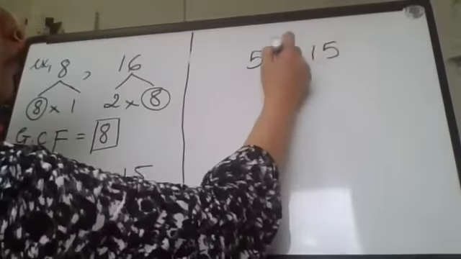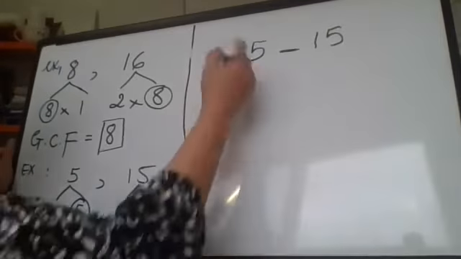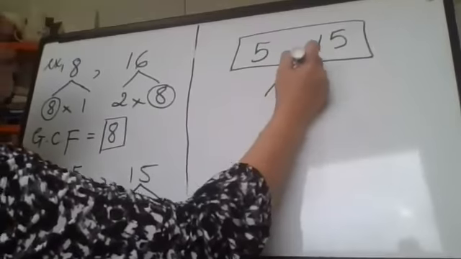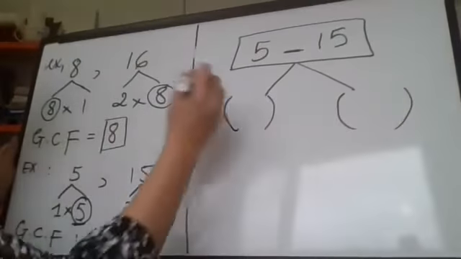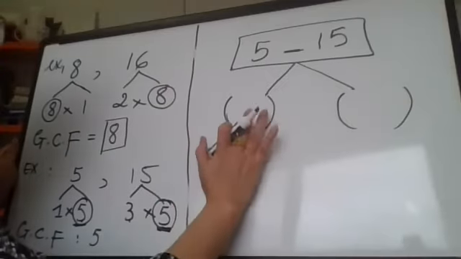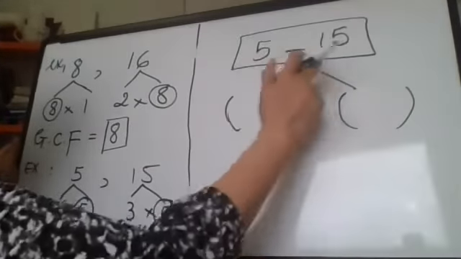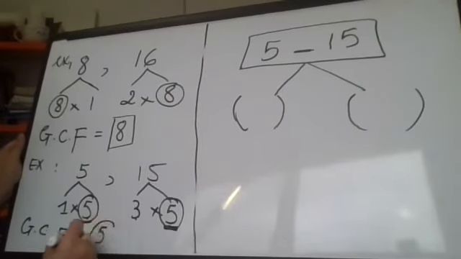So instead of using the plus sign, I'm using a negative sign. It doesn't matter. So that's the expression, and I want to factor this expression into 2 brackets. The first bracket is for the greatest common factor of these numbers, and the greatest common factor of these numbers is 5.